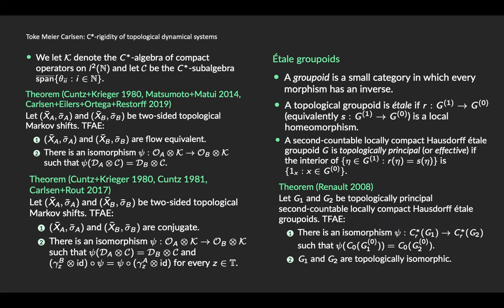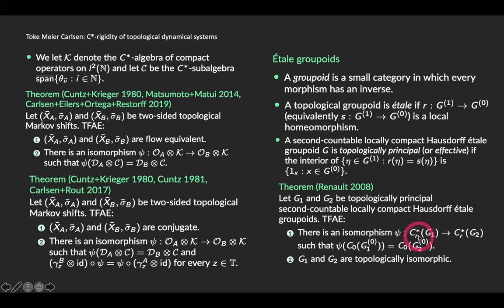And then Renault showed that if you start with a topological principal, second countable, locally compact Hausdorff étale groupoid, take its reduced C-star algebra, and as the abelian subalgebra take C0 of the set of units, and then from that pair construct the Weyl groupoid, you get a groupoid which is isomorphic to the original groupoid.